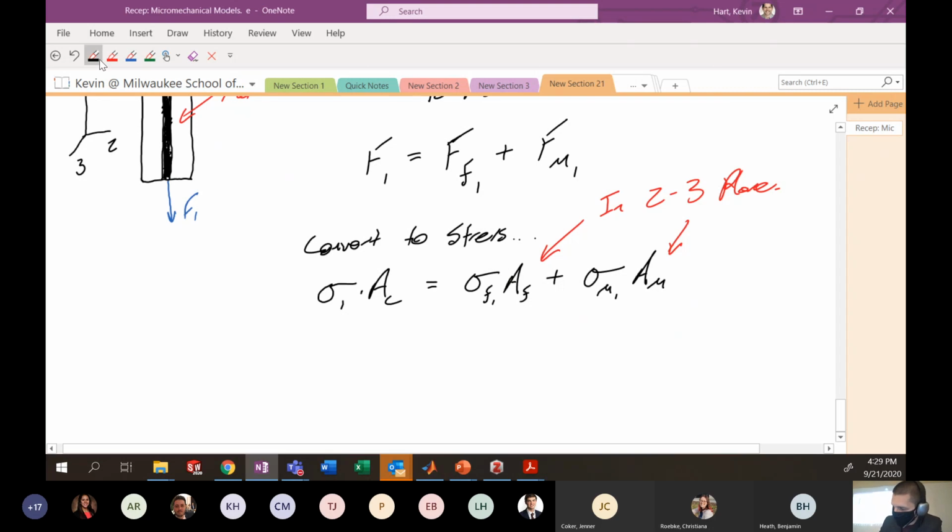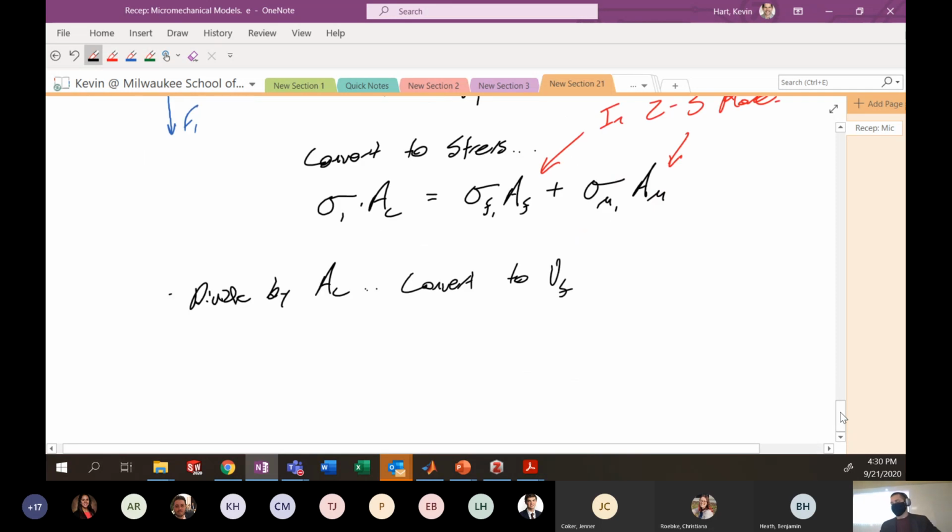So let's now divide by the area of the composite, and we can use that volume fraction relationship that we had before. So we'll convert to volume fraction. On the left-hand side, I divide by the area of my composite, and I simply have the stress in the one direction on this piece is the stress on the fiber in the one direction multiplied by the area of the fiber divided by the area of the composite, which we know to be the volume fraction of the fibers.